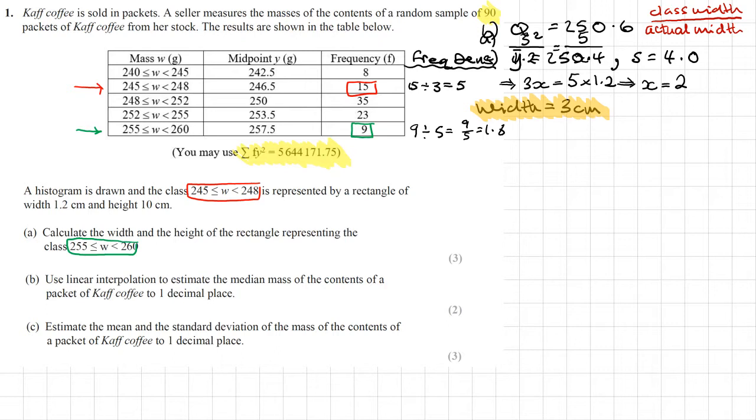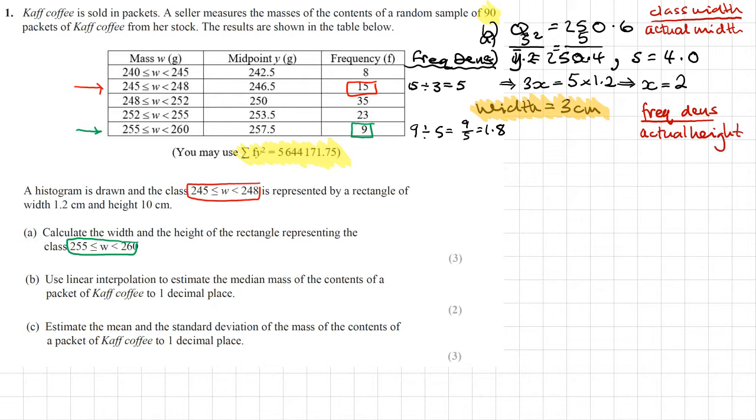So we're going to do the same thing again. It's a very similar calculation to the other one: the frequency density, which is like the height we're going to use, divided by the actual height.